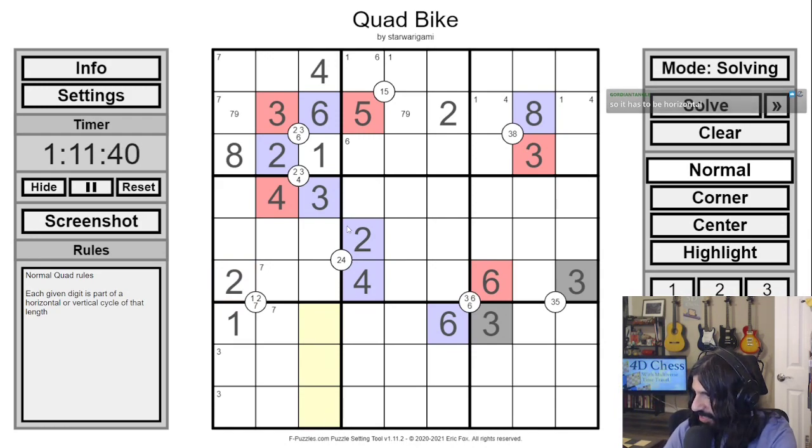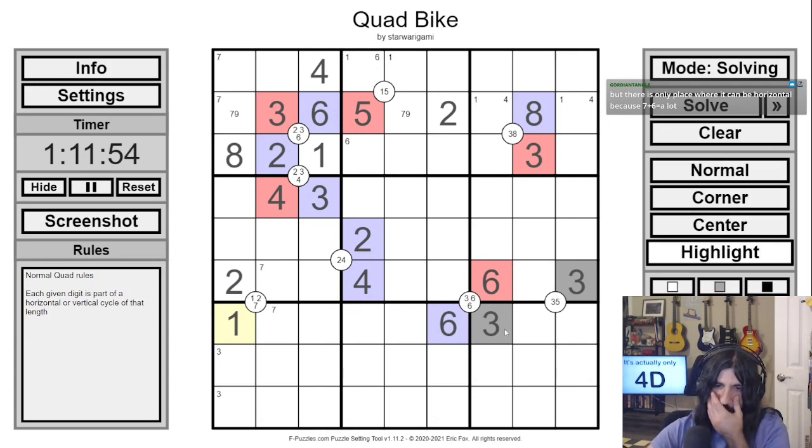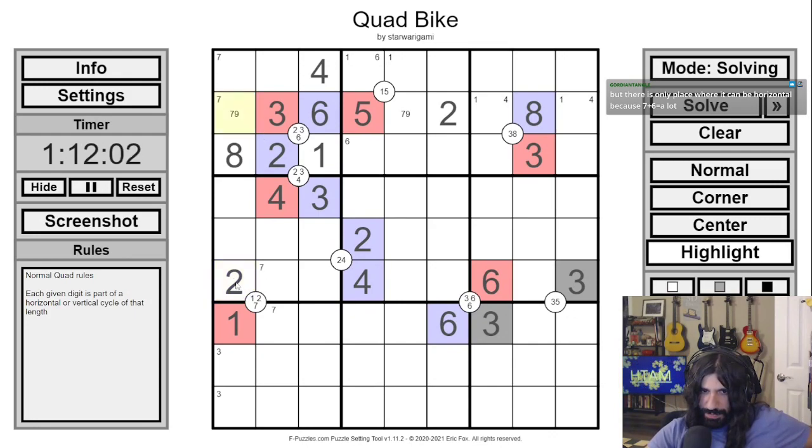Okay. Consider the 7 in the 1, 2, 7 triple. If it's vertical, no matter where it goes... Okay, give me a second. Let me color this. So we already know that this is horizontal. Not that that really matters. It's a horizontal 1 cycle. This can't be vertical.